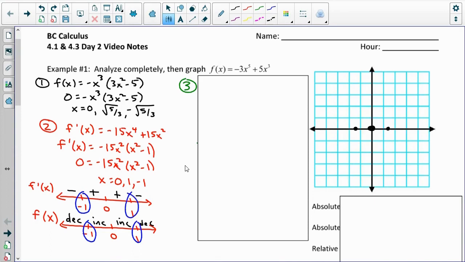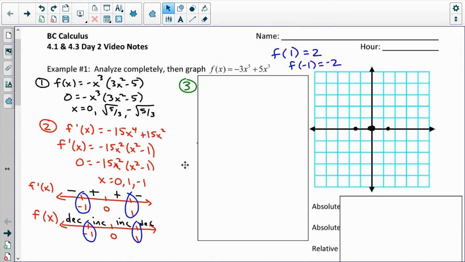So if I substitute values at -1 and 1 into my original function, what I find is that f of 1 equals 2 and f of -1 equals -2. And I'm going to want to put those points on the graph, because those are going to be max and mins of my function. So I'll want to put those points on the graph, and then we'll figure out what everything else does after we take a look at the second derivative.